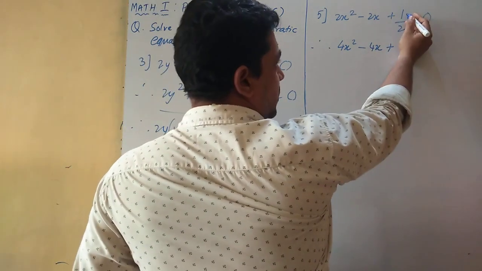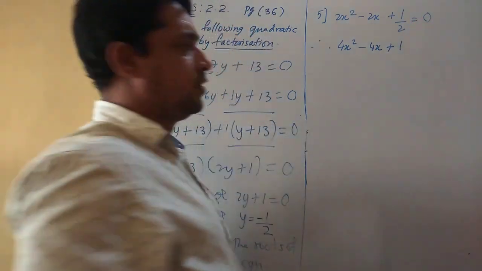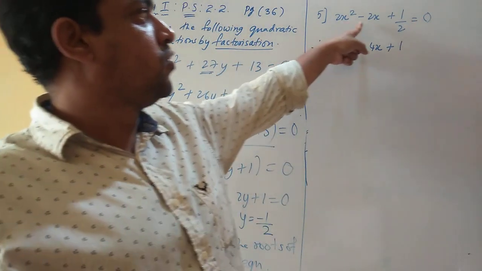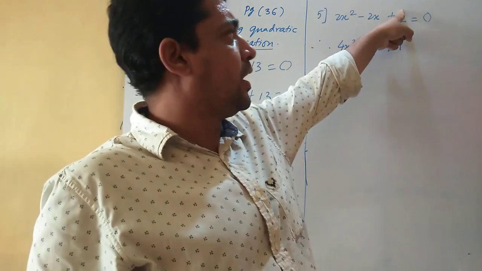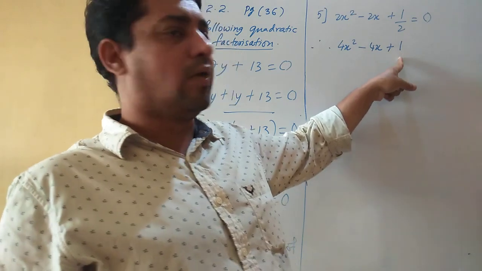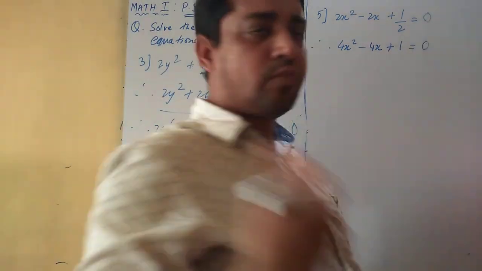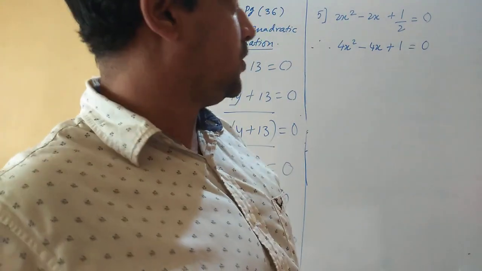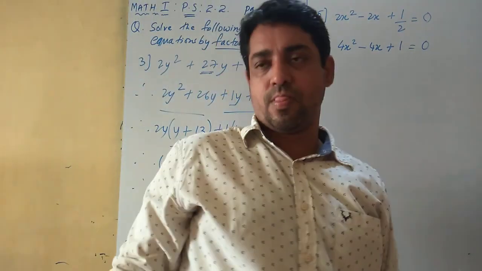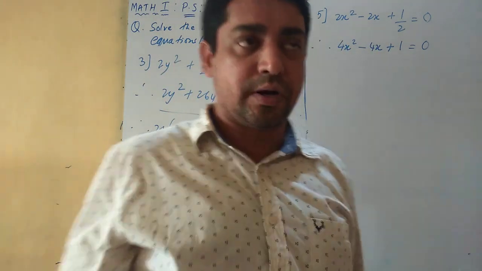So I am multiplying this term also, don't worry. But it gets cancelled, so I write only 1. Is it clear? 2 2s are 4, 2 2s are 4. But when I am multiplying here, it gets cancelled. So I write only 1. Is equal to 0. I am multiplying this 0 also with 2. But 0 into anything is 0. So that's your proper quadratic form. See, the fraction has disappeared now.